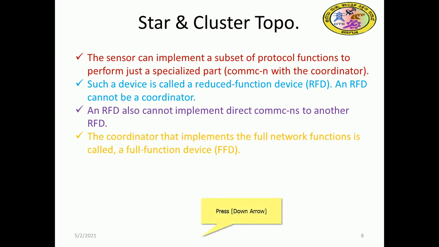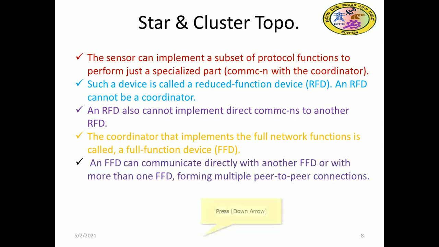The coordinator that implements the full network function is called a full function device. It is different from a reduced function device. A full function device is a coordinator and can communicate directly with another FFD, or with more than one FFD.